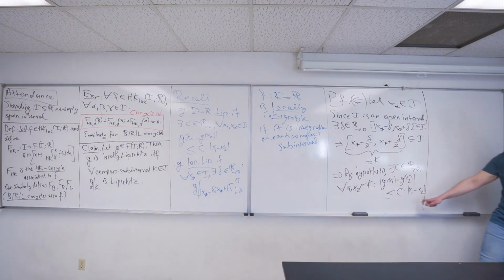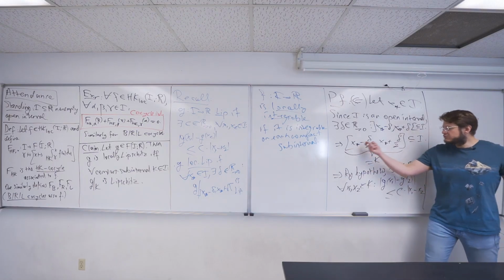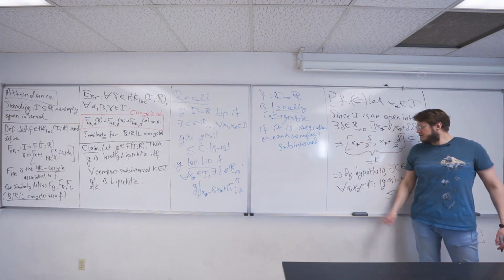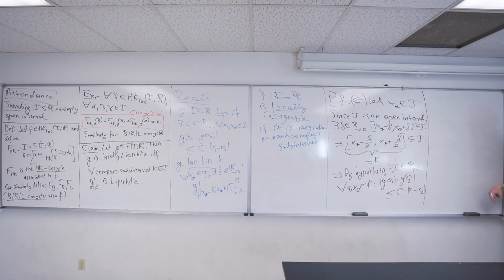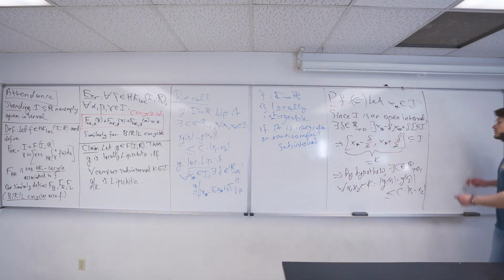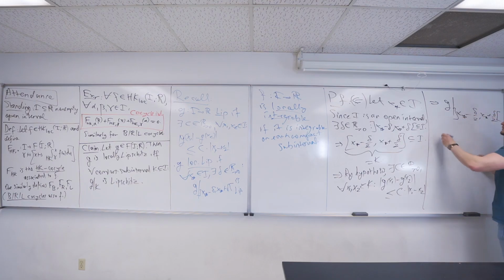Okay. Well, if this is true, then if I were to get rid of the endpoints, I would have an open interval centered at x star of some radius. And that would be my open interval here. Hence, this is Lipschitz.